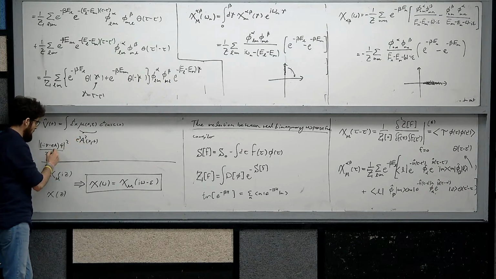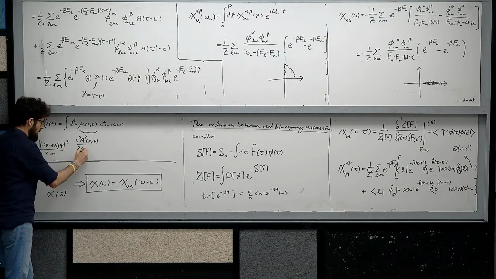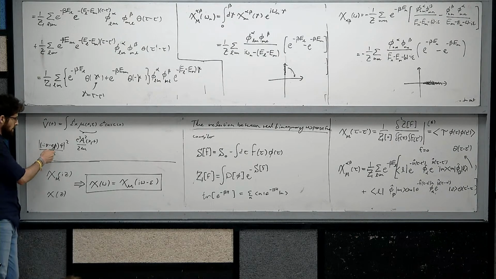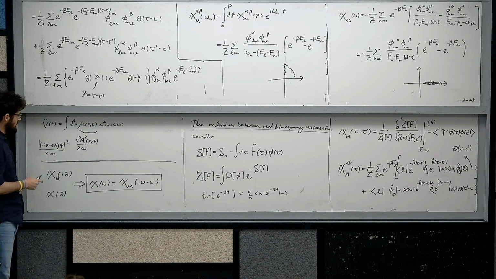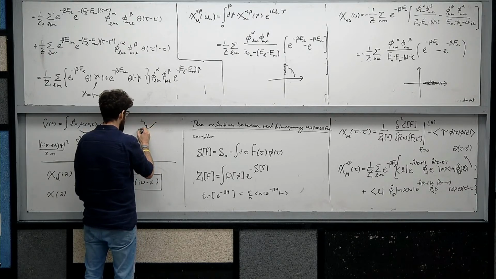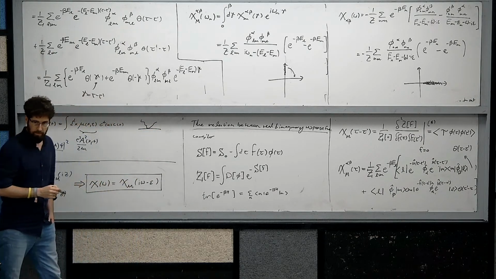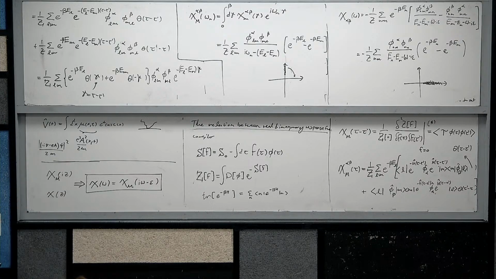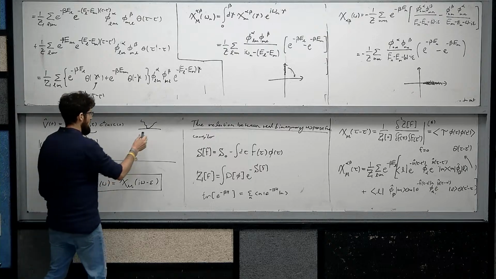Sorry, and this term has the expression where A squared couples to psi. So this term is like a vertex that looks like this. And for example, one gets this.